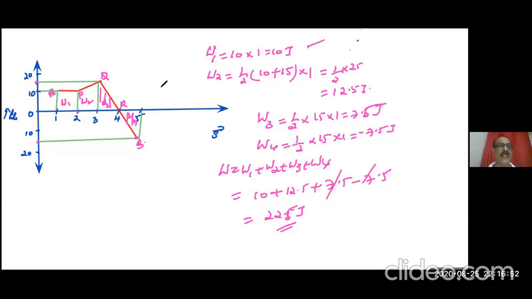Second is the trapezium, half into the smaller height plus the longer one, times the distance between them, 1. Third one, W3, half into length into width. Fourth one, same formula. These two are equal and opposite, this is on the negative side, so these two areas will cancel out. These two will be added.